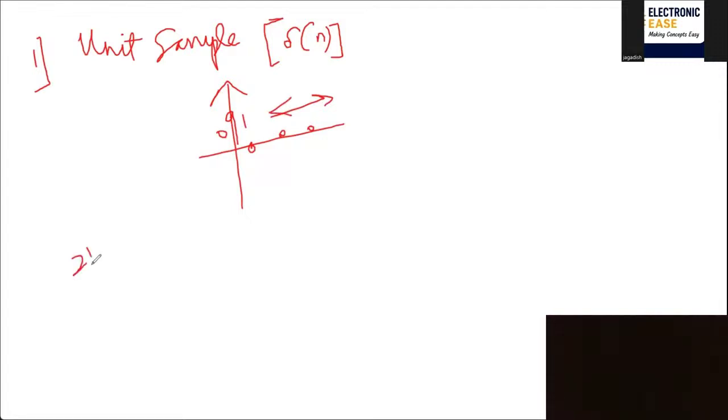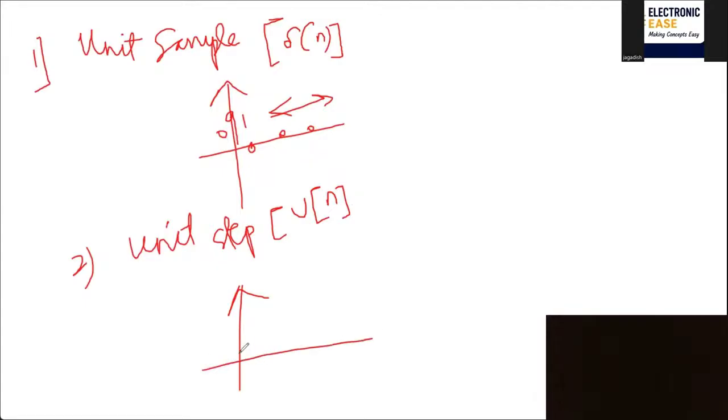Next is unit step, that is u of n. From 0 to infinity, the values are 1. This is very important, so only I am going slowly. If you are thorough with module 1, module 3, all the other modules are easy.